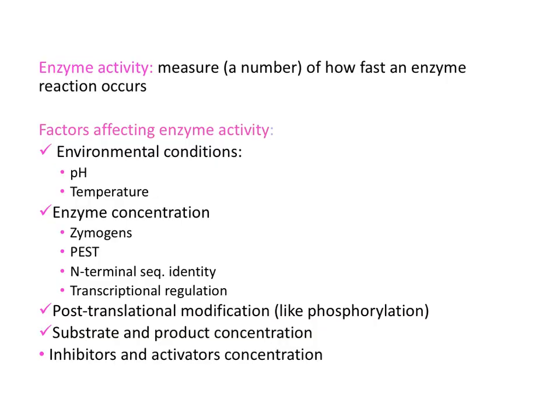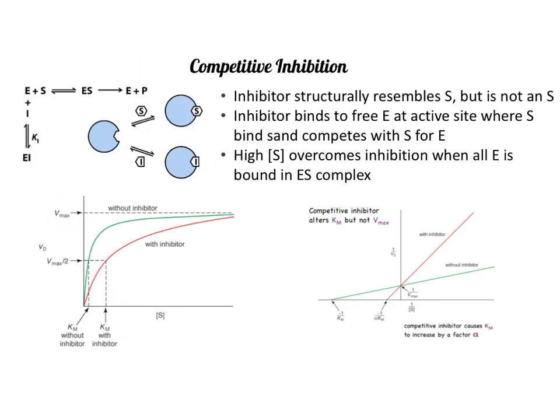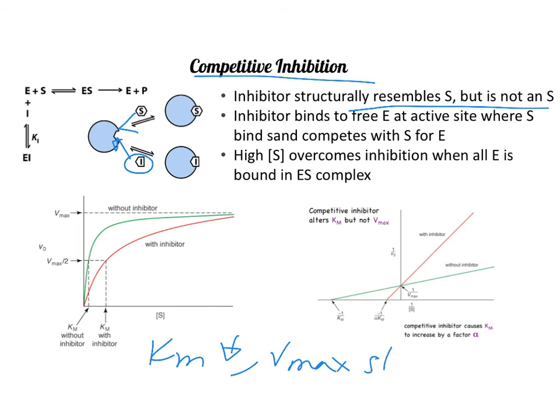Okay, and on to inhibitors. I'm going to go through the inhibitor slides really quickly because you've already seen them before: competitive, uncompetitive, and mixed. Remember that competitive inhibitors bind to the active site and compete with the substrate, which means that they look very similar to each other. In this case, the Km will increase and the Vmax will stay the same.